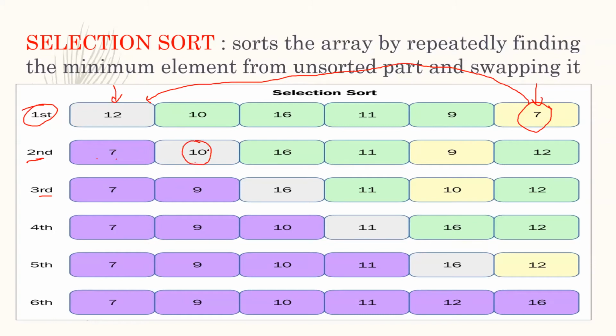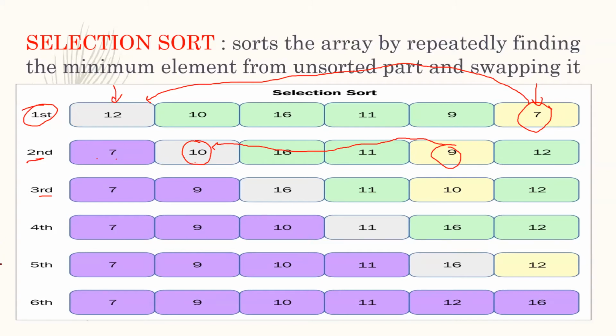The second minimum element will be the element greater than 7 but smaller than all the others, which will be 9. So 9 is being swapped with 10. In the third step you can see 7, then 9, and 10 is at the place of 9 and 9 is at the place of 10.